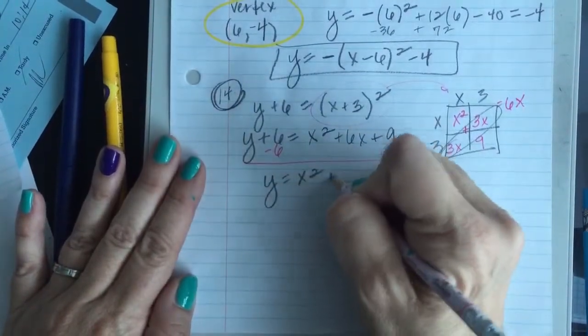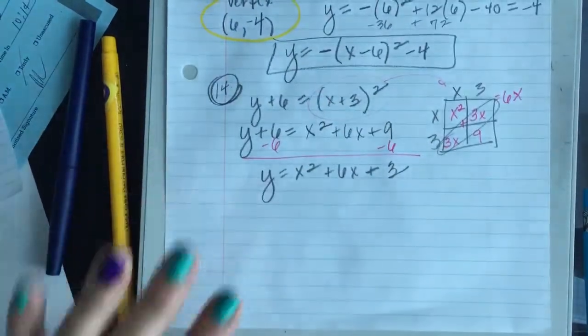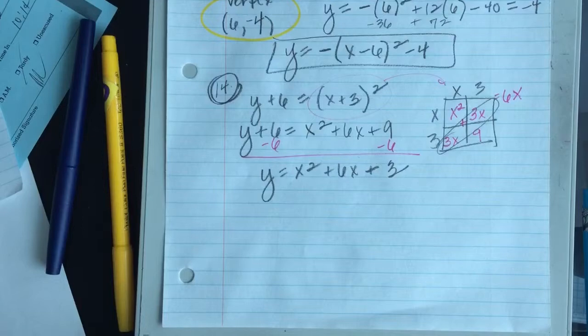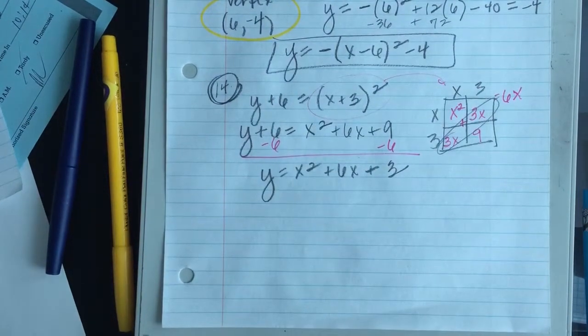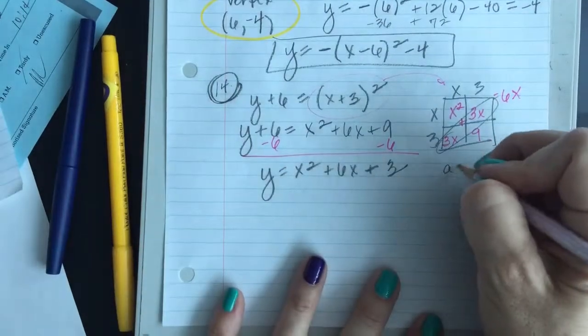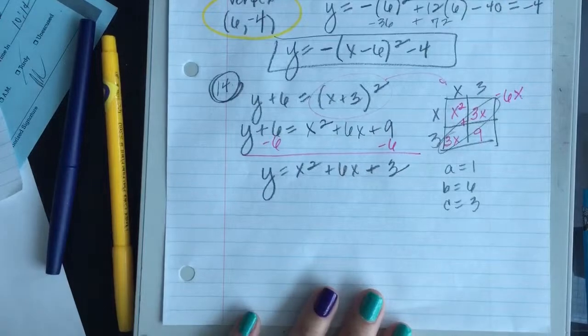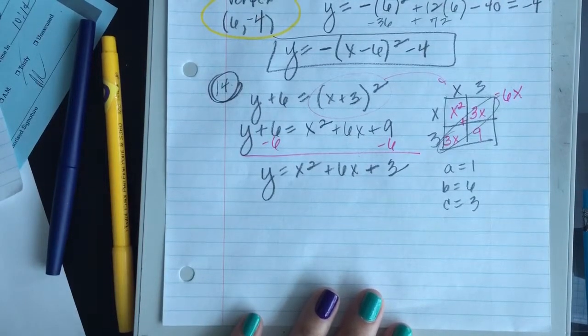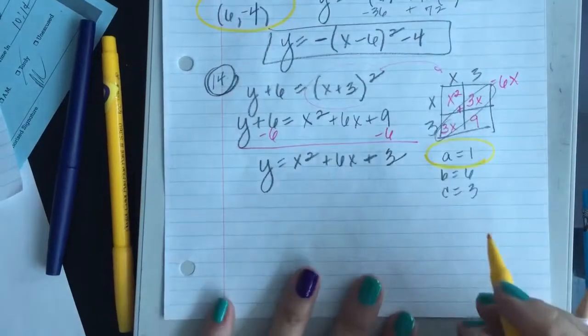I know, right? A is 1, B is 6, C is 3. I'm going to need this A, and A is 1.